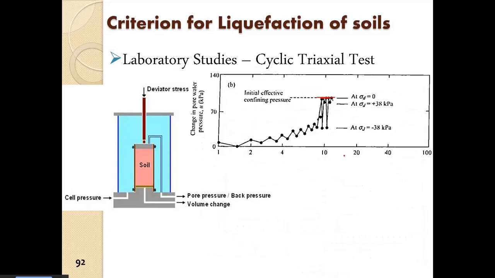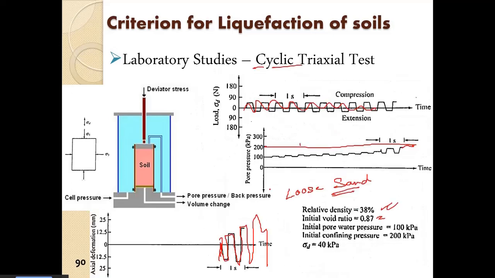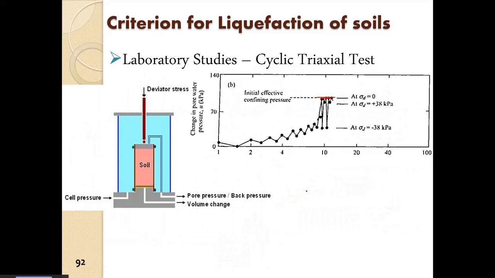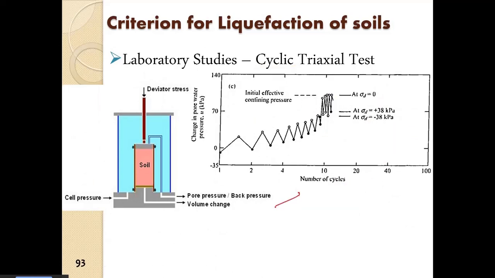And as I've shown here, sigma d by 2, the initial excess pore water pressure, what they did is they corrected the same from the pore pressure measurement during the cyclic triaxial application, or cyclic deviatoric stress application.